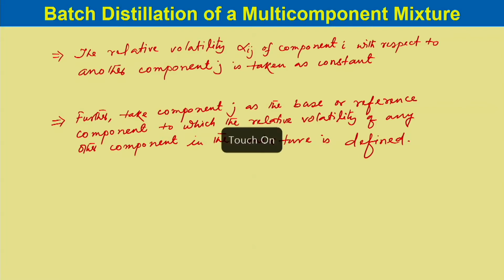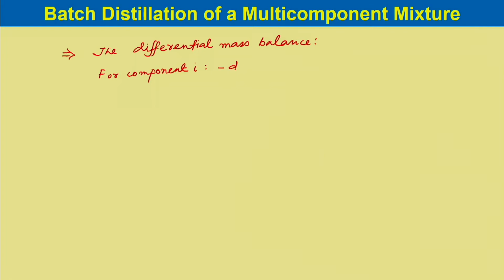So, let us do the differential mass balance. Now, if we do the mass balance for component i, it would be minus dLi is equal to yi d star dL.